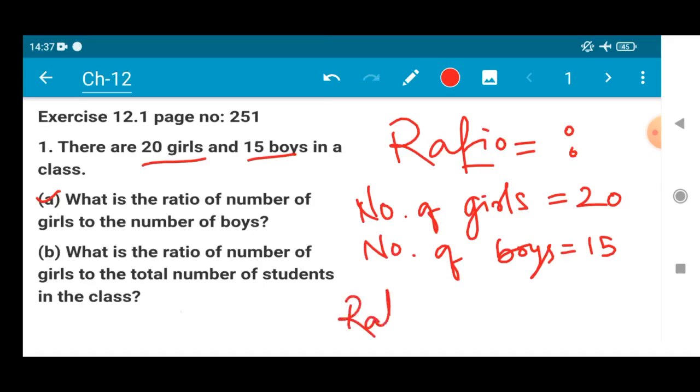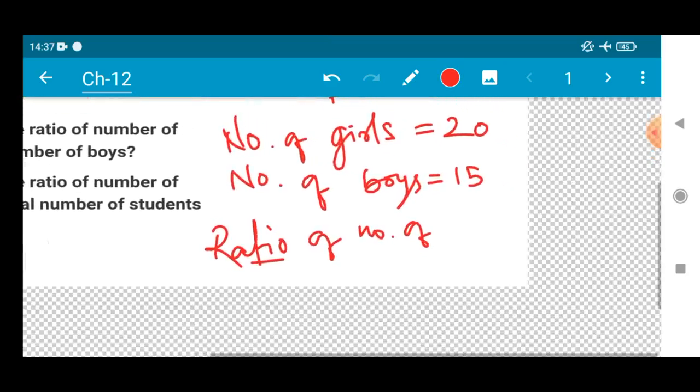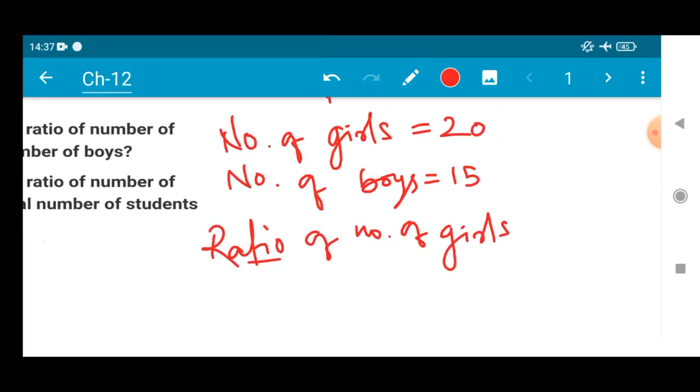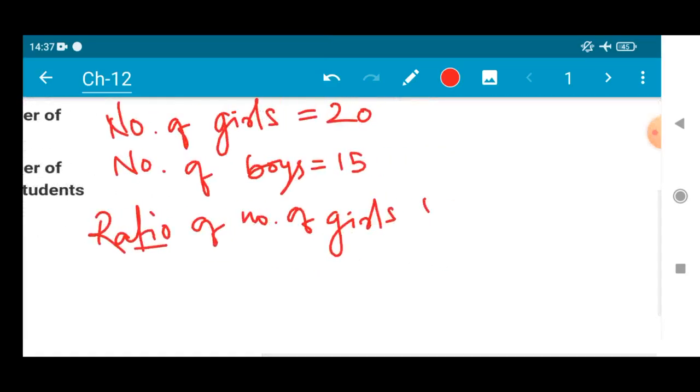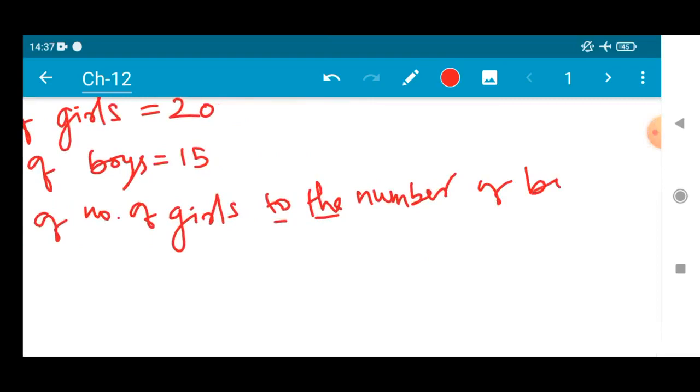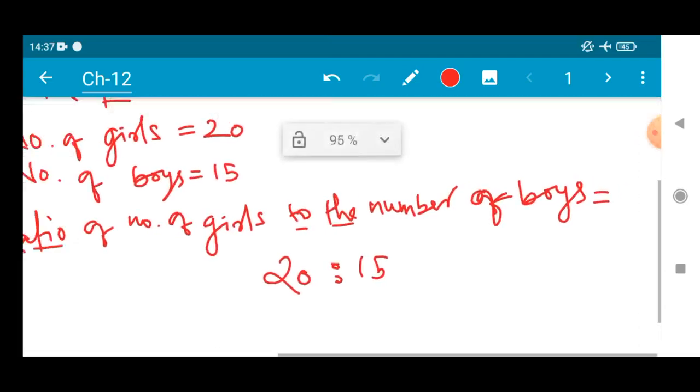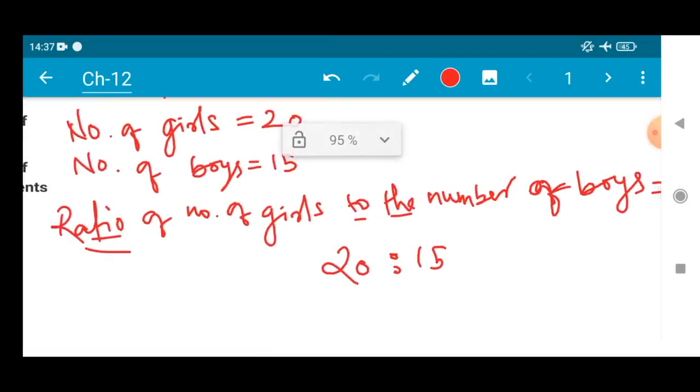So we will write like this: ratio of number of girls to the number of boys is equal to 20 is to 15. 20 is representing the number of girls and 15 is representing the boys.